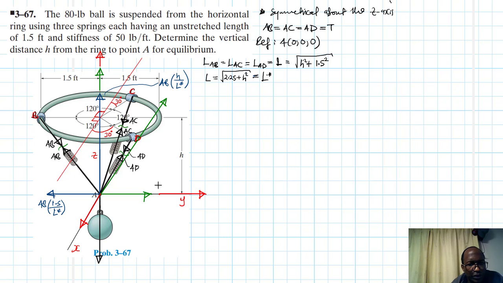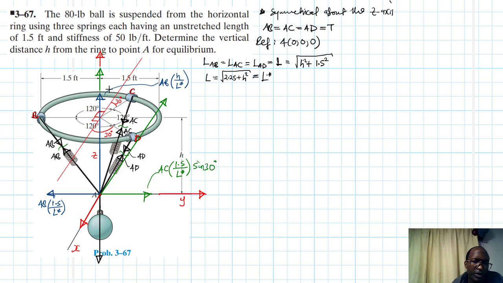And then let's go to AC. So AC is just going to be equal to 1.5 divided by L star, and then we are going to map it on the y-axis like so. You see this? We have this angle 30 degrees with the x-axis. So if you have to map it on the y-axis, then we'll say sine 30.